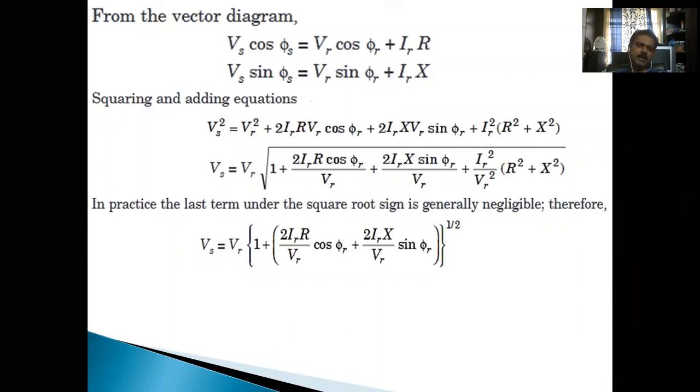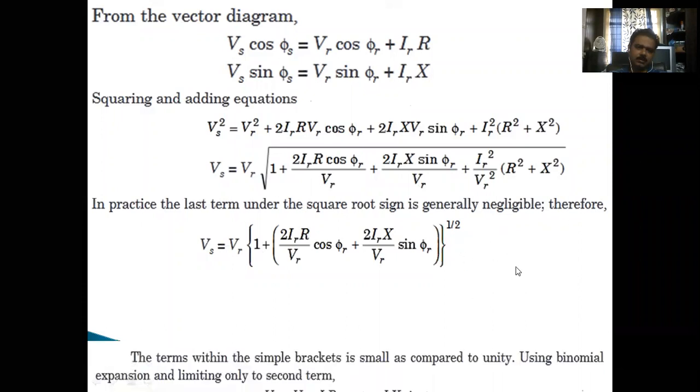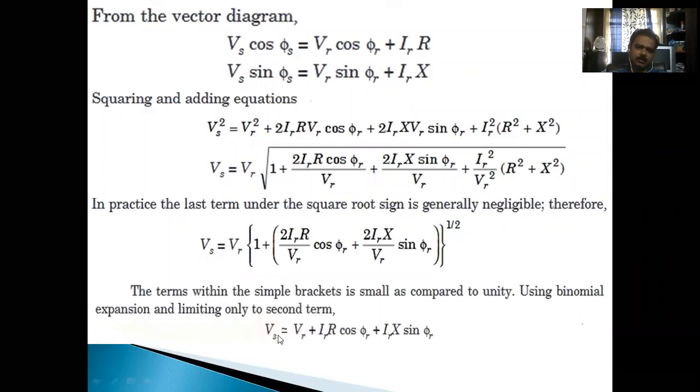And now using binomial expansion, and neglecting the higher order terms, we can limit this to only up to the second term. So you will get Vs is equal to Vr into 1 plus half into the second term. The power half into the second term, and the higher order terms, the third term and fourth term, can be neglected.